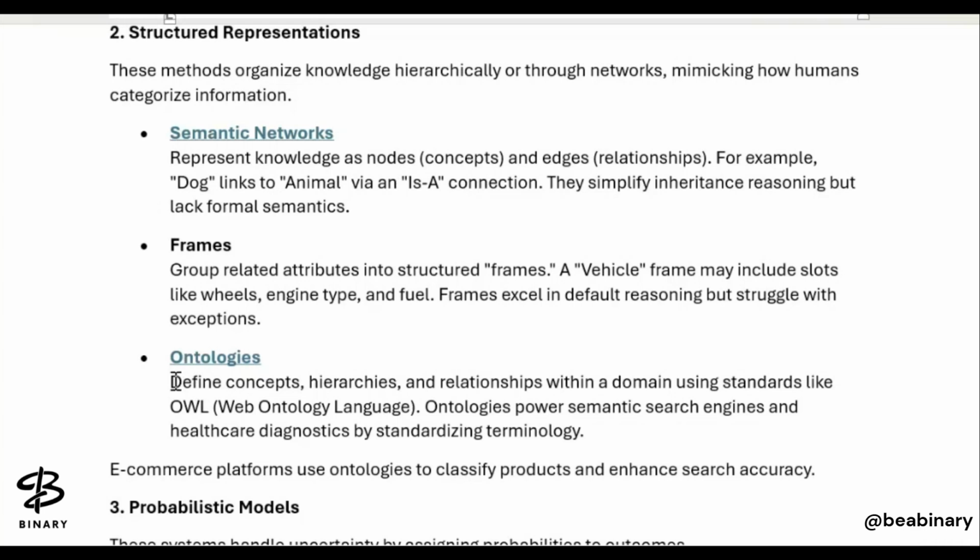So what were ontologies? They define the concepts, hierarchies and relationships within a domain using a standard like Web Ontology Language, for semantic search engines and healthcare diagnostics, by standardizing the terminology. Now, what is the difference between all these knowledge representations? We need to discuss. First we will discuss the difference between the semantic web, semantic networks and the frame.